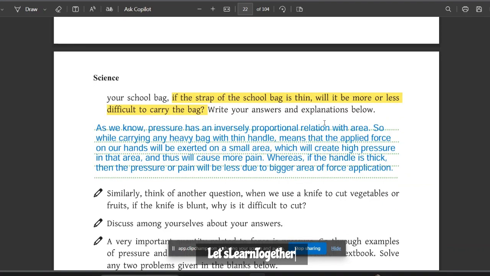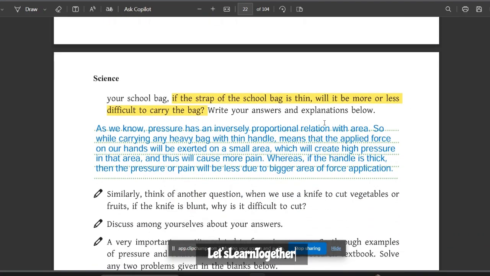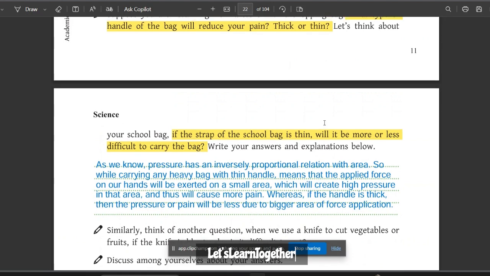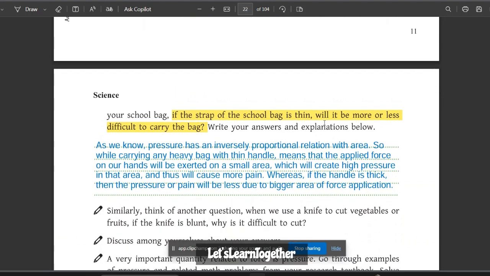All right, so this is the answer to the first question, which was about the strap or handle of your school bag or shopping bag, that for what sort of handle your pain would be less, if the handle is thick or thin. So we know that when the area is less, the applied pressure is more.